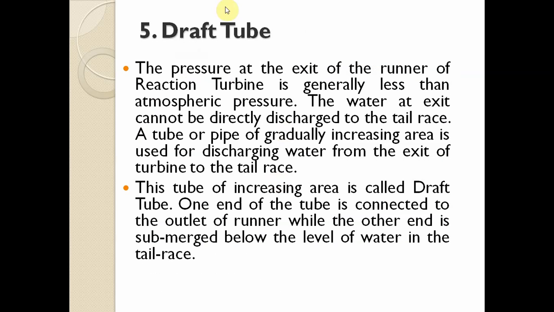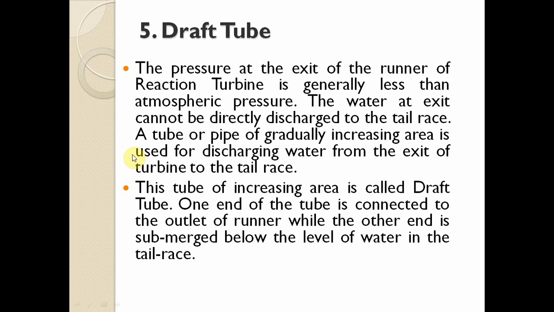Next one is the draft tube, the fifth component of the Francis turbine. The pressure at the exit of the runner of a reaction turbine is generally less than the atmospheric pressure, that is, air pressure. The water at exit cannot be directly discharged to the tail race.